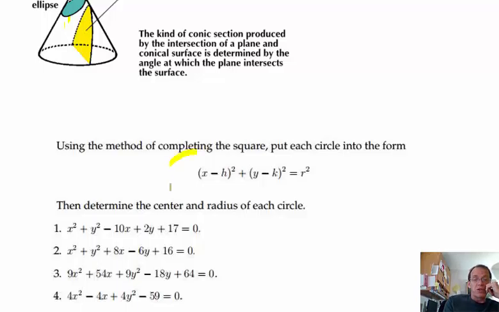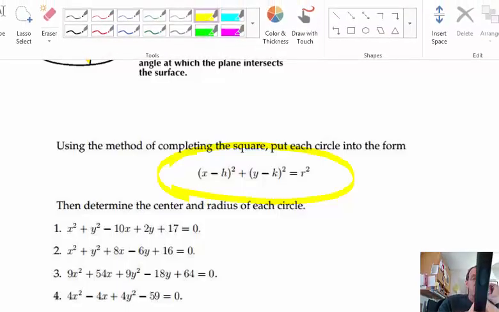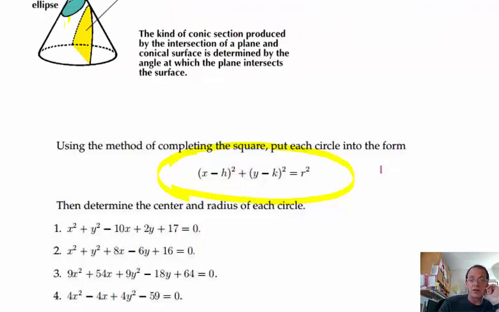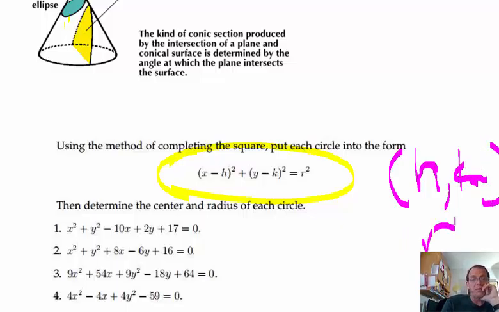But the form that's the most useful for us is the one that quickly tells us what the center and the radius are. In this case, the center is (h, k), which you can see clearly in the formula here. And the radius is r, also in the formula.